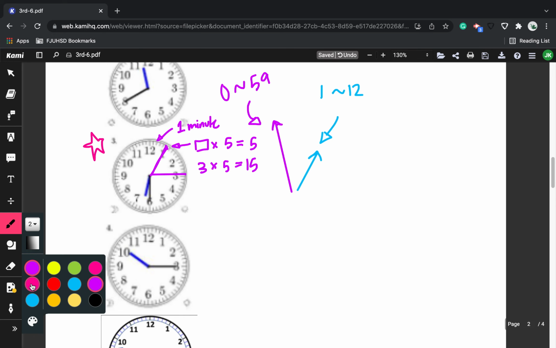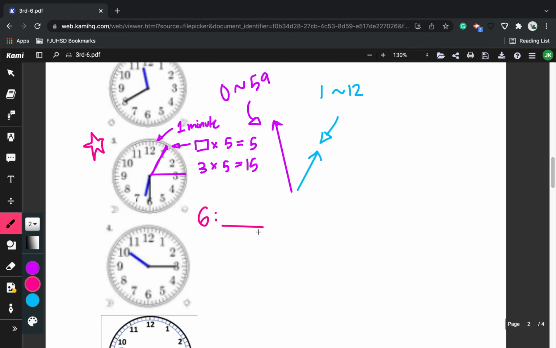So in this example, let's look at the hour hand first. It's past 6, but it's not touching 7. Therefore, it's still 6. We put a colon, and then these two are going to represent the minutes.